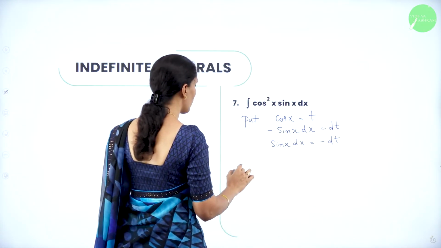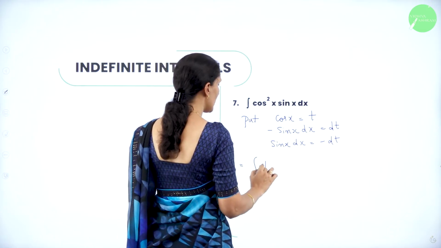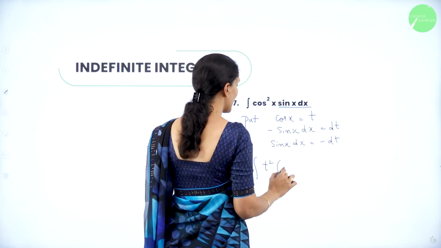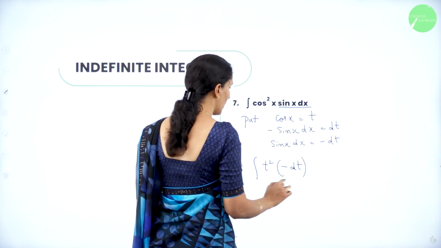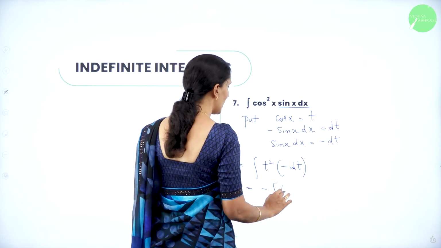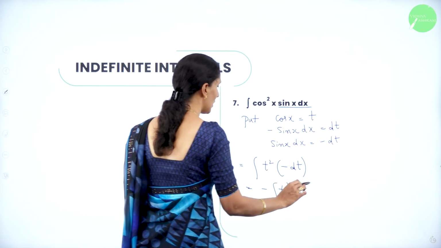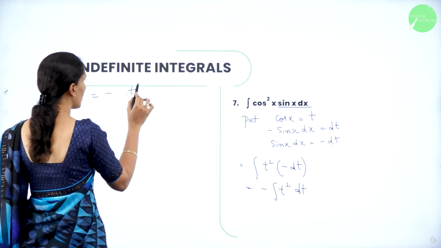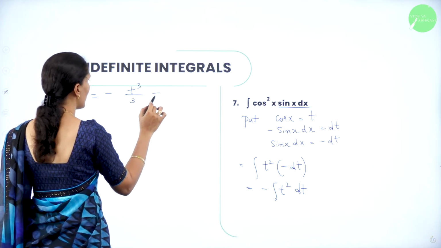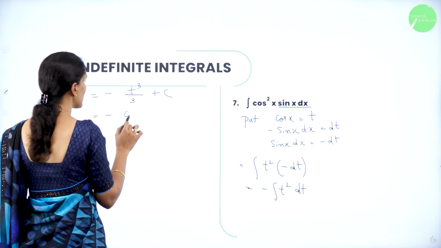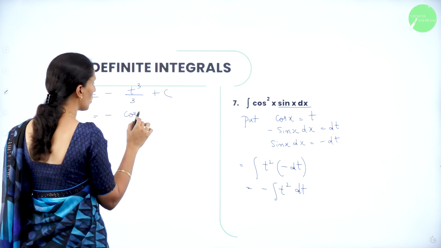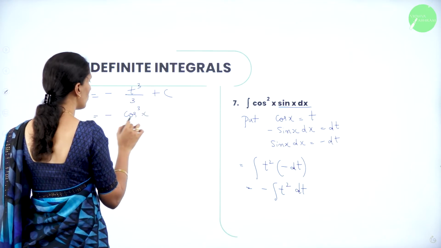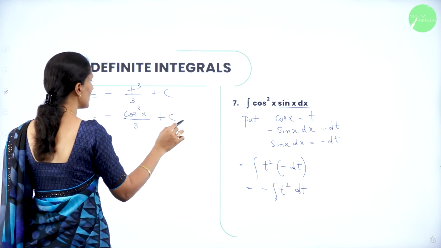So therefore the equation becomes t square, and sin x dx is minus dt. Take minus outside, it is t square into dt, which becomes minus t cube divided by 3 plus c, or minus cos x whole cube, or you can write it as cos cube x by 3 plus c.